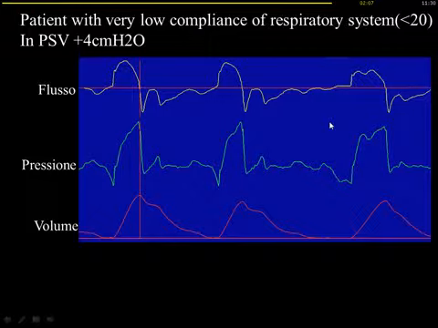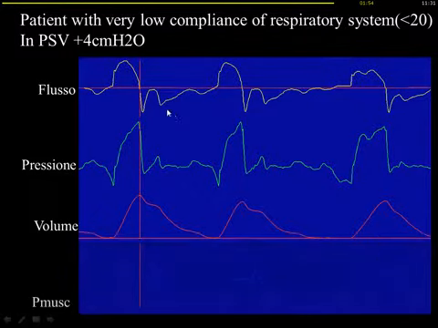So here we have an example of a patient with a very low compliance of the respiratory system. And again, we see a bump in the expiratory flow. This occurs earlier than the one I've shown you before. Sorry, blue line on blue background is not a great idea, but here you might see the muscle pressure of the patient.